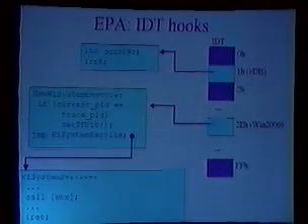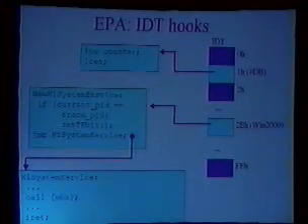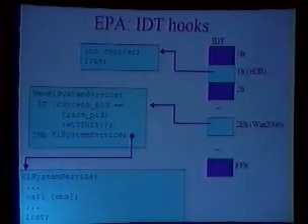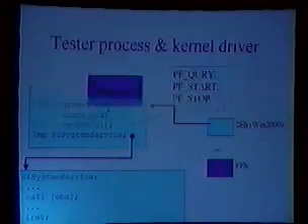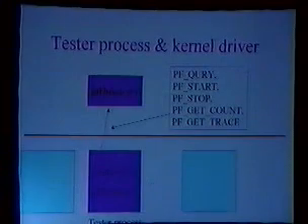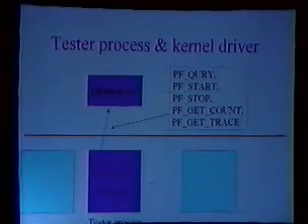From this point, the processor works in step mode, provided that it runs in the context of the testing process. We've got many processes in the system, the user-run processes, and one of them is our tester process. This tester process is responsible for measuring the instructions.